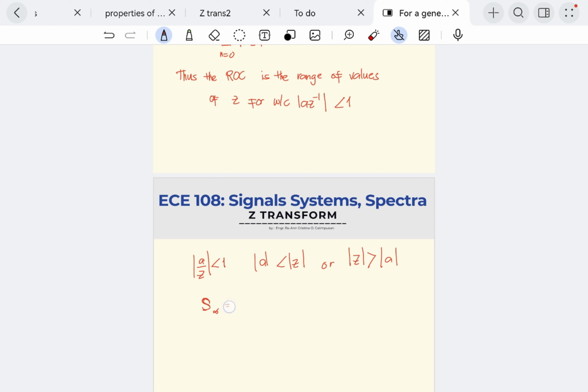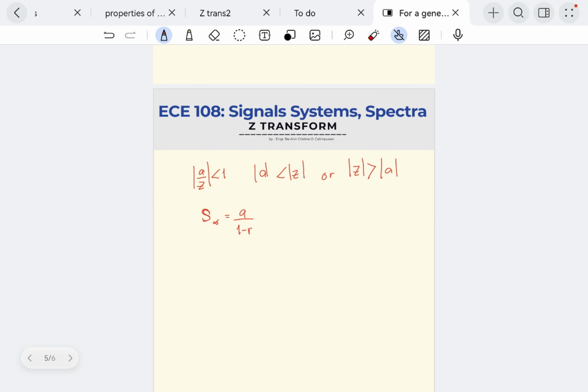To get the value of the z transform, we use the geometric series, where the summation is equal to a over 1 minus r, where a is the first value, the first constant. X of z is the summation of (alpha z to the negative 1) to the power of n, n equal to 0 to infinity. If we substitute n equal to 0, it is equivalent to 1.